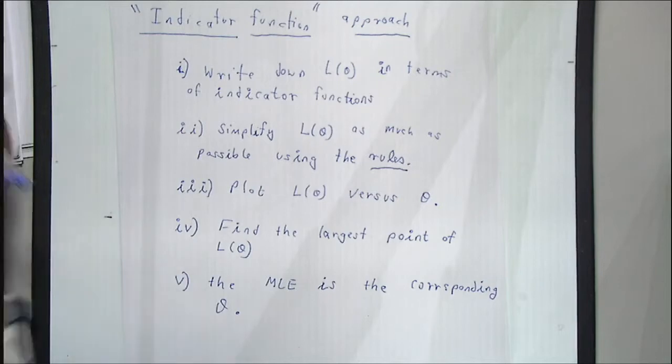So this is a formal description of the indicator function approach. Now, as I said, the standard approach doesn't work all the time. And if it doesn't work, you can use the indicator function approach. If it does work, you need not use the indicator function approach, right?